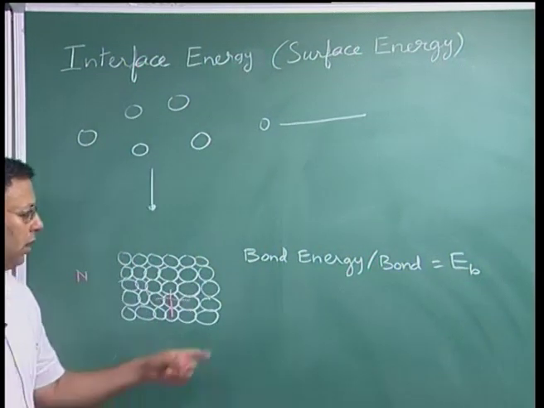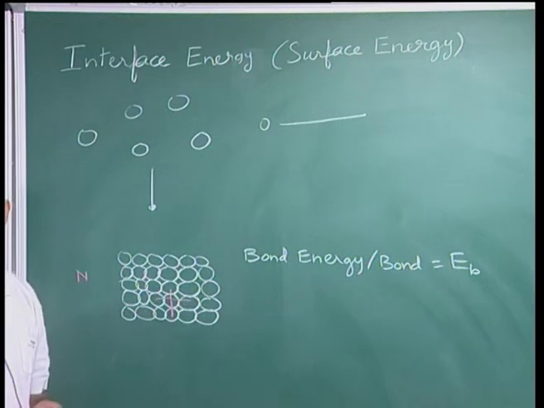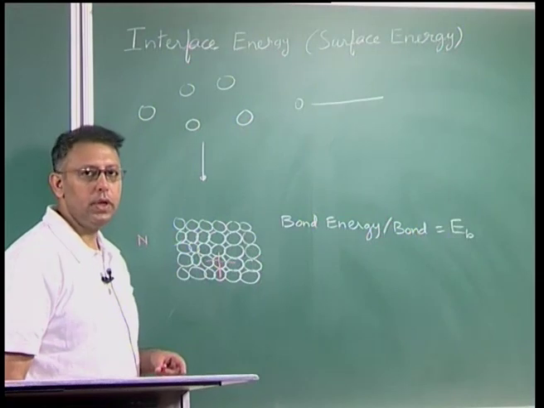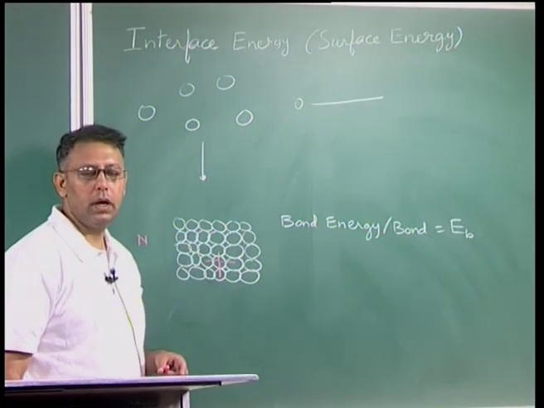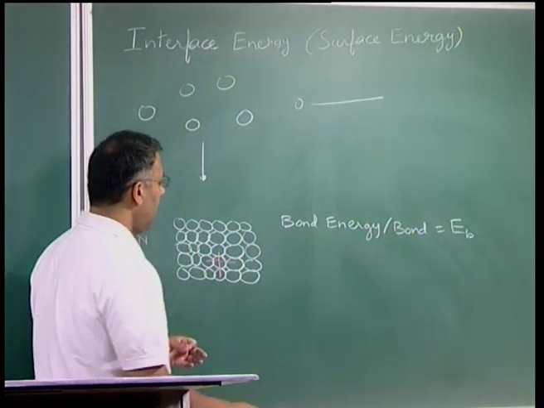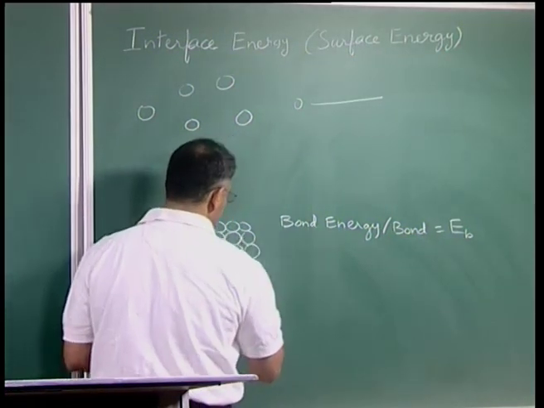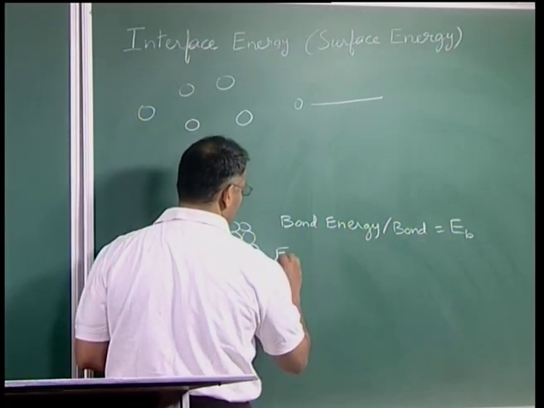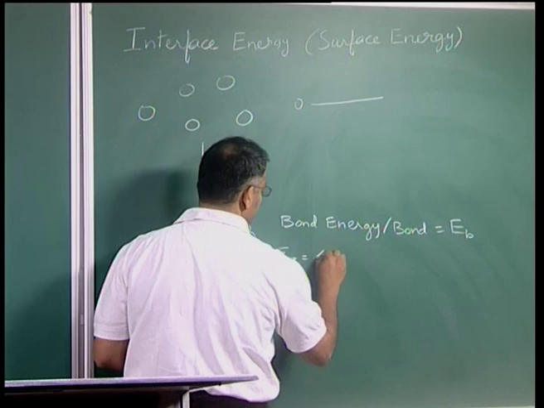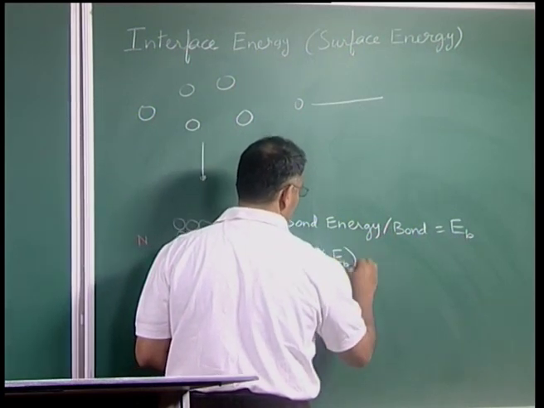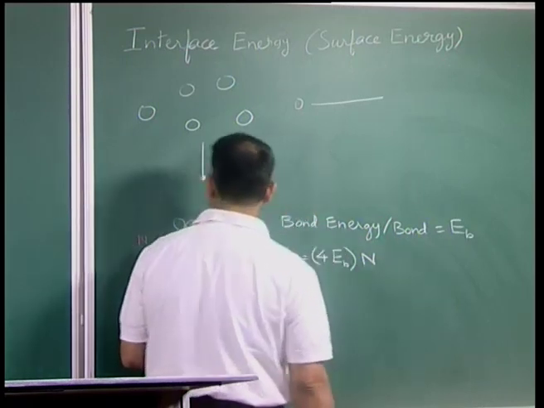Then given that EB is the bond energy reduction per bond, I can calculate the total reduction in energy when I form this crystalline array as, because each atom is bonded to 4 atoms, I have total energy reduction. Suppose I call this total energy reduction ET is equal to 4 times EB times the number of atoms in this assemblage.